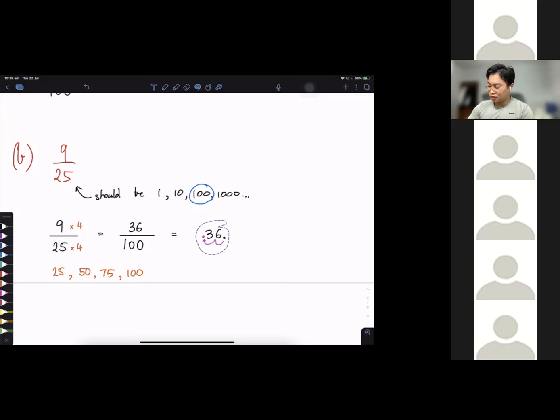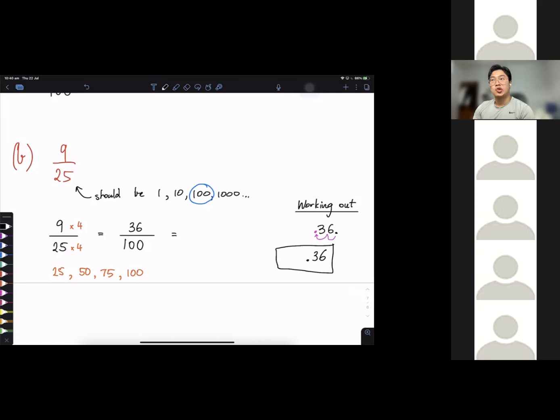So this is part of our working out. It's not equal to that just yet. So I'm just doing it on the side here. In our next line, we should write .36, or 0.36. Is this how you usually see decimals? Yes.